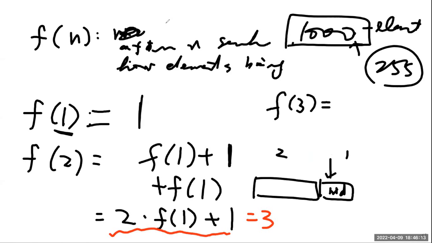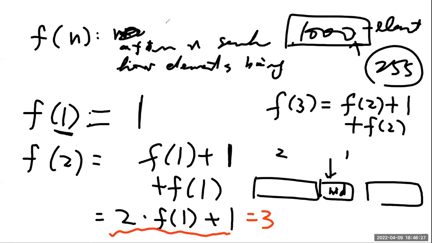You search your left side and can find F2 elements, plus your middle one, plus your right side. So this one is 2 times F2 plus 1, which is 7.